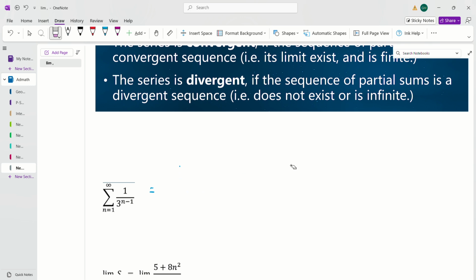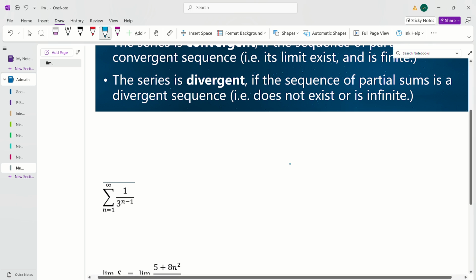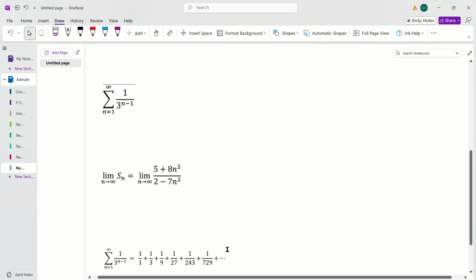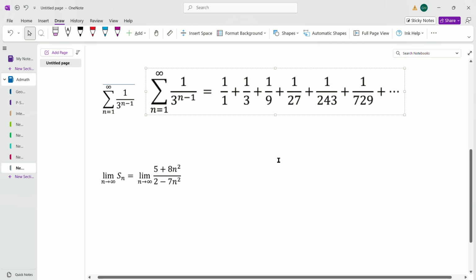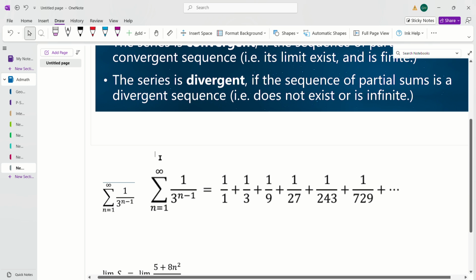We can analyze the behavior of our series by identifying a few terms. So here's the answer.